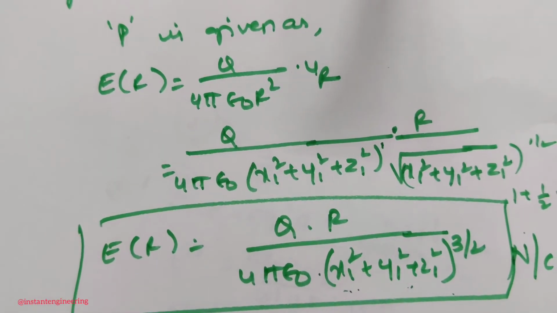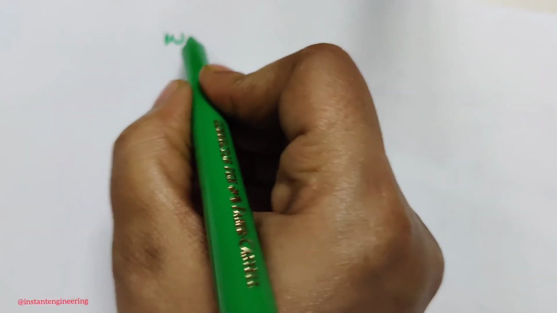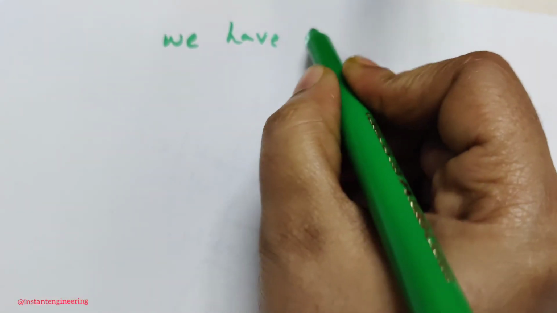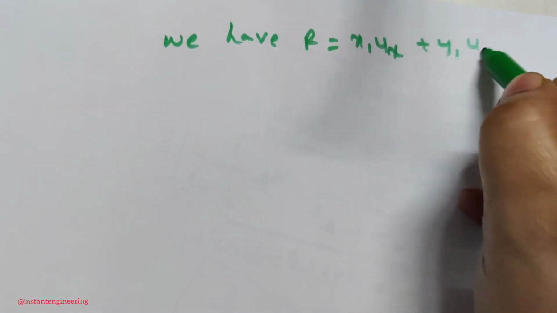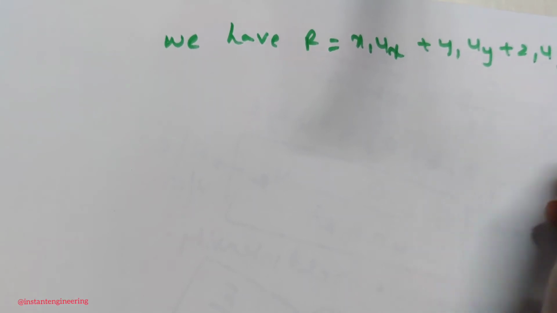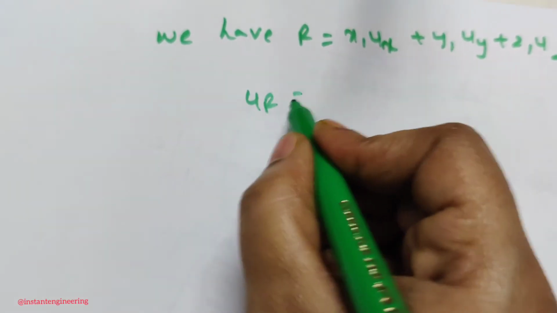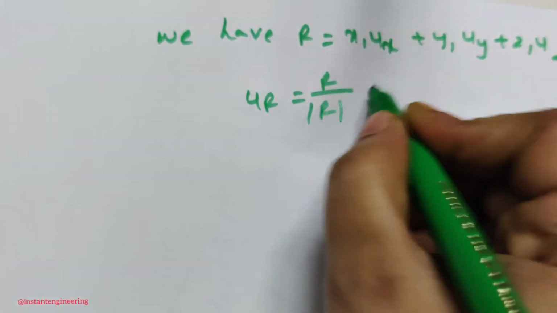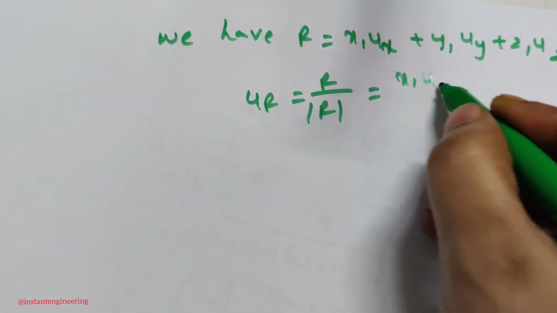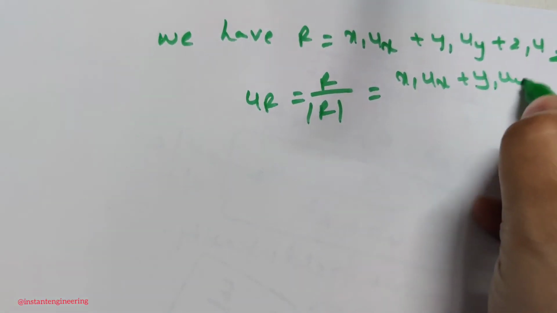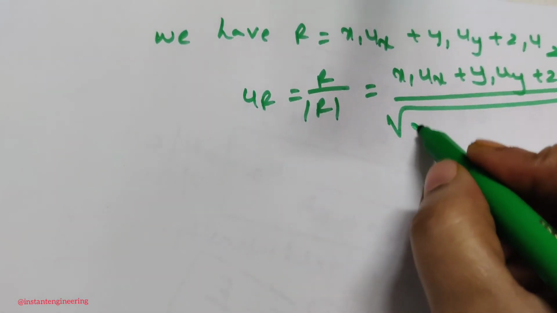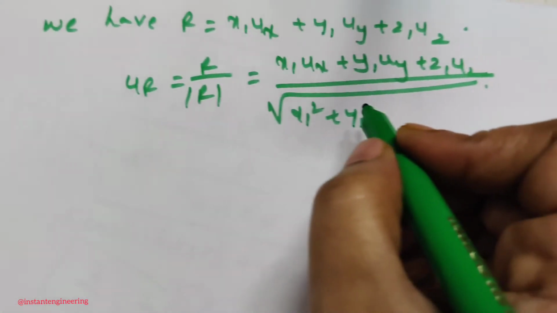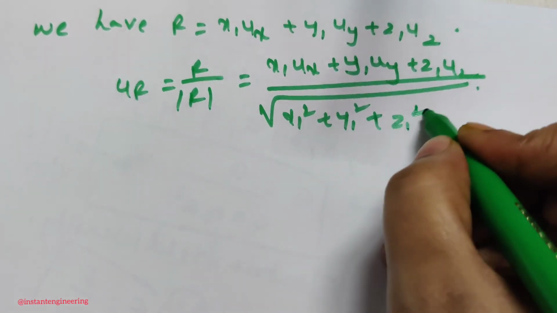We already know the R value, R is x1 ux plus y1 uy plus z1 uz. From this the unit vector UR is R by modulus of R. Again I am rewriting: this will be x1 ux plus y1 uy plus z1 uz divided by the square root of x1 square plus y1 square plus z1 square.